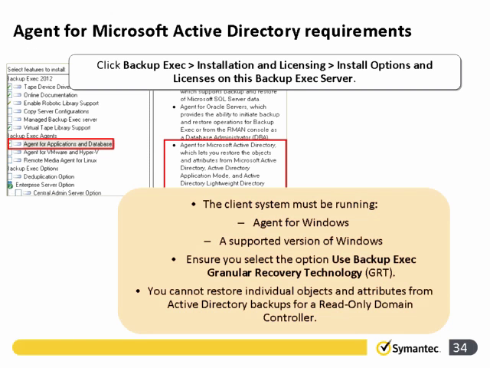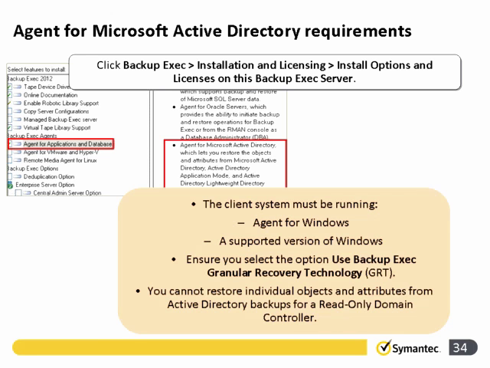The client system that you're backing up must be running the agent for Windows, which is included when you purchase the license for the agent for Microsoft Active Directory. It must be a supported version of Windows, meaning Server 2003, SP2, or newer. So that includes Server 2008 and Server 2008 R2.